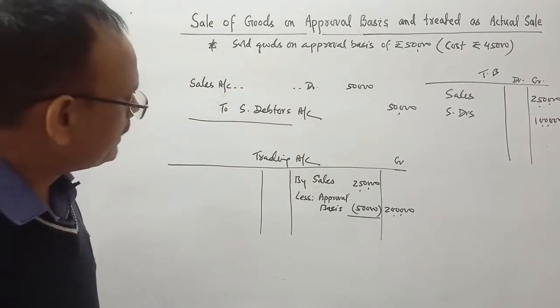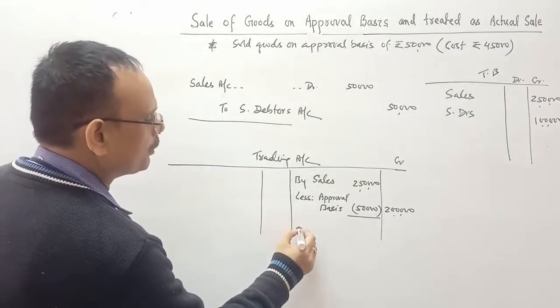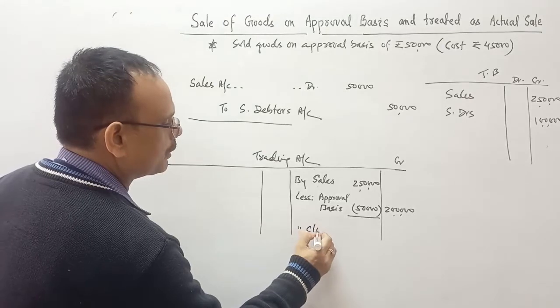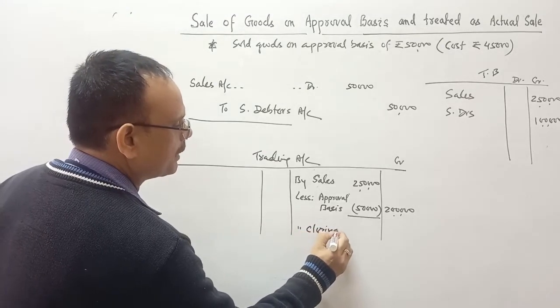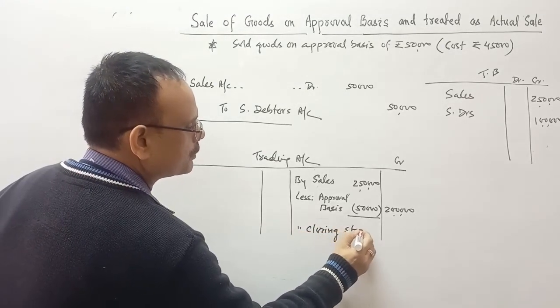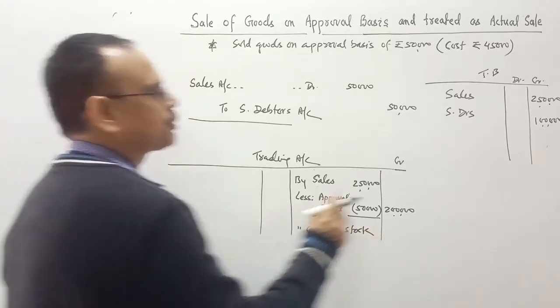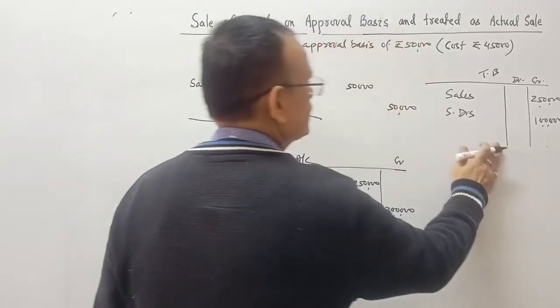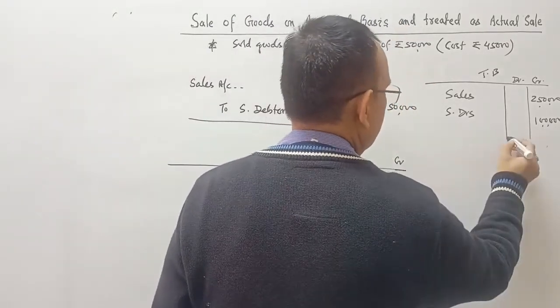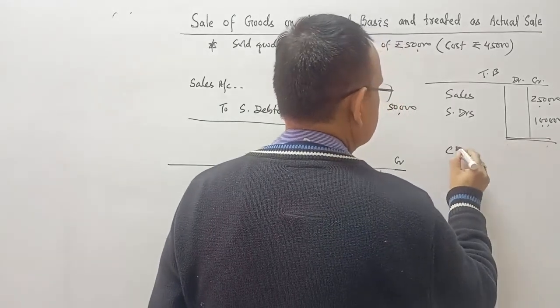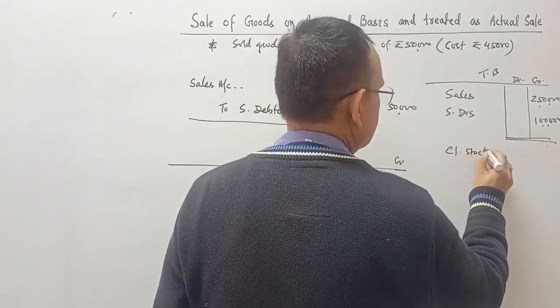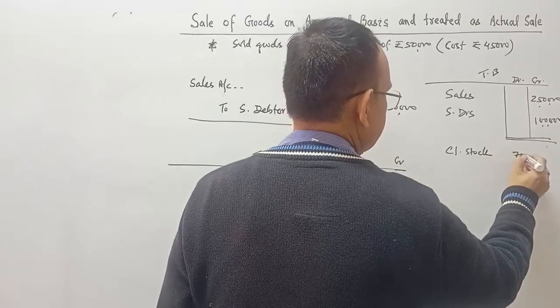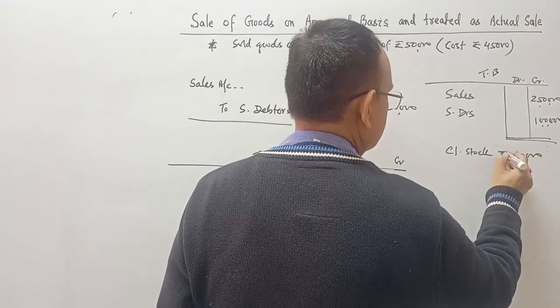Then one more thing, the closing stock. You write the closing stock over here. Suppose the closing stock given in the adjustment is 70,000.